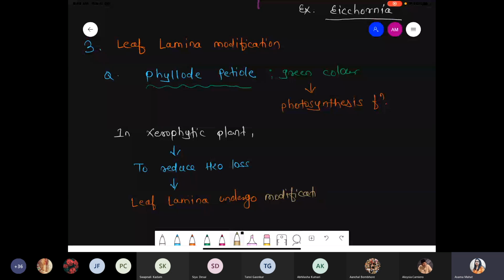Okay, modification. And what is the meaning of modification? Modification is nothing but reduction.